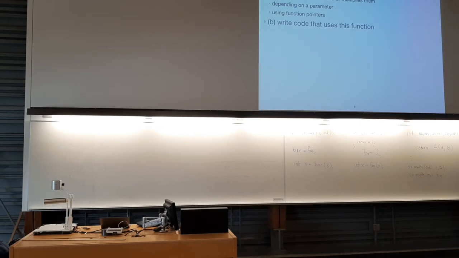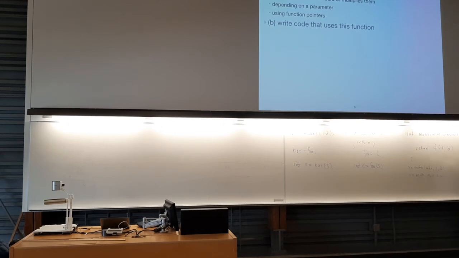So now calling math, you're going to get back an integer, and the integer you're going to get is some function that you're going to determine on a and b.